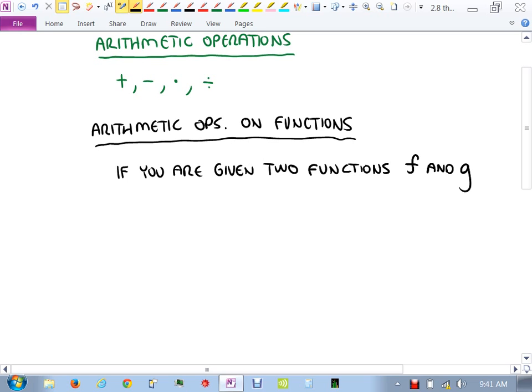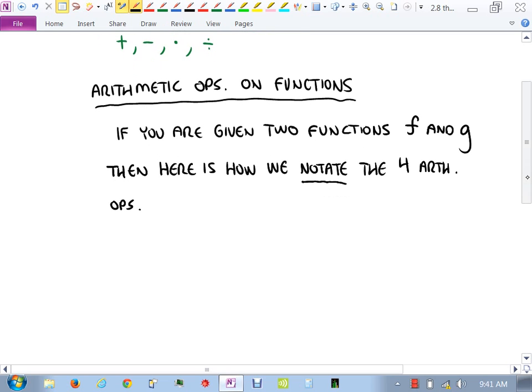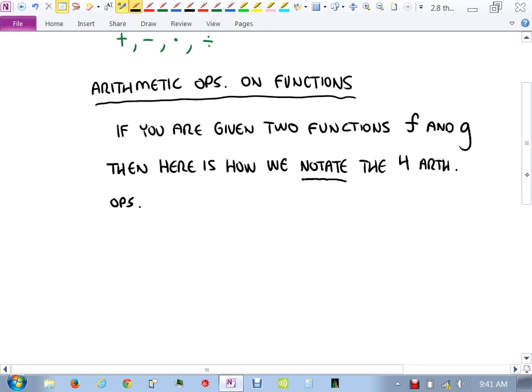Then here is how we notate the 4 arithmetic operations. The important thing here is this is a new notation. How do I communicate to you that I want you to add those two functions together?